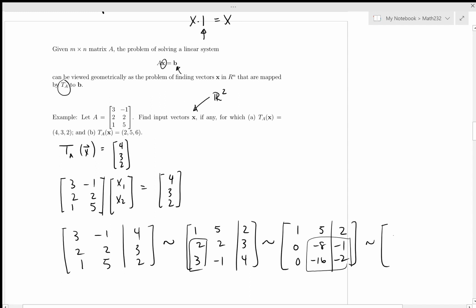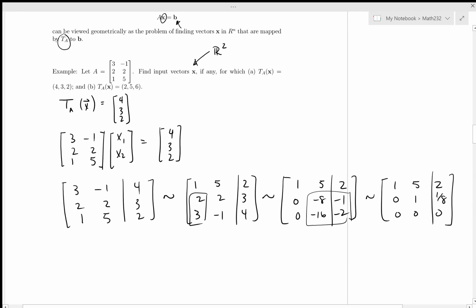So I can immediately then go to here, dividing through by minus 8. And then this one will be all zeros. It's a multiple of the one above. Okay, I'm done. That now tells me what x1 and x2 are.